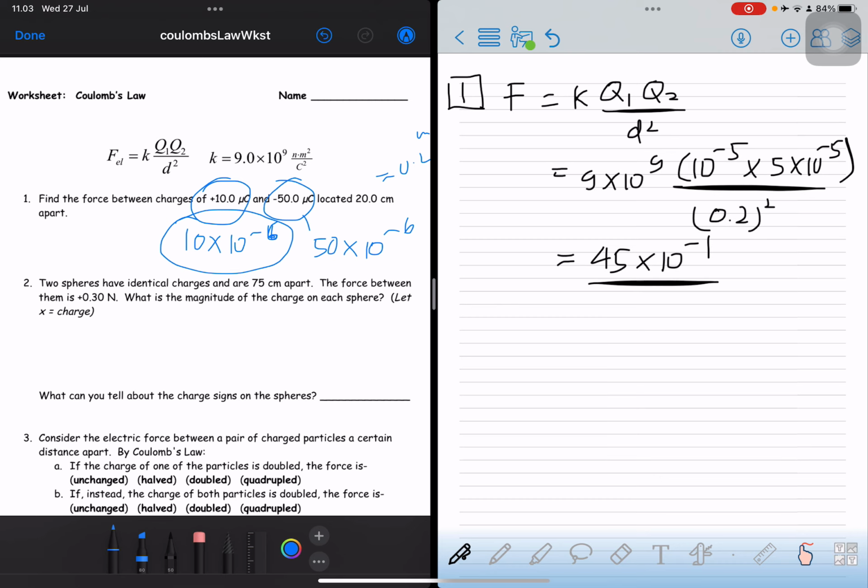And 0.2 squared equals 0.04, or 4 times 10 to the power negative 2.